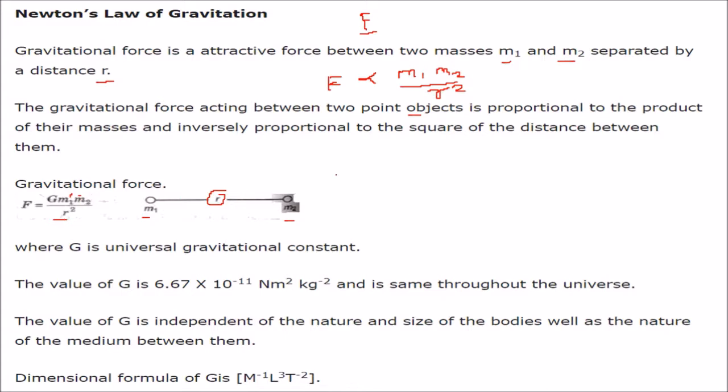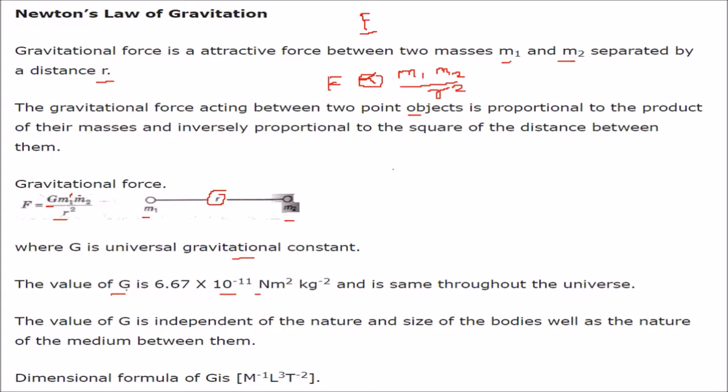When we remove this proportionality sign, then we have this capital G, which is called the universal gravitational constant. The value of G is 6.67 times 10 to the power minus 11 Newton meter square per kg square. This is a constant, so it will remain the same throughout our universe and in our calculations also.